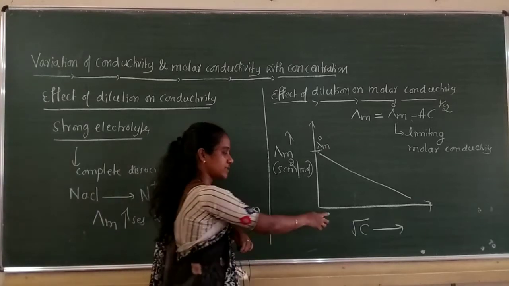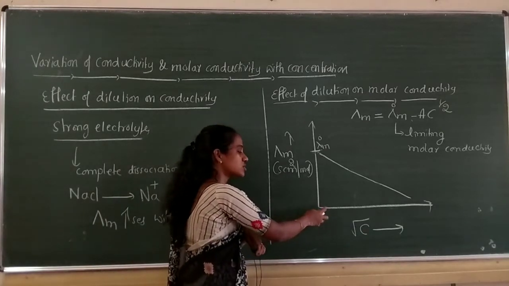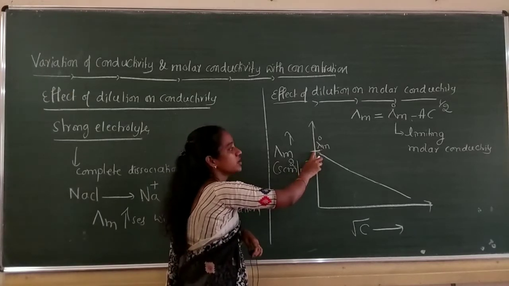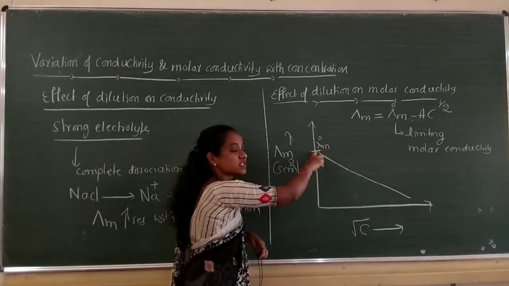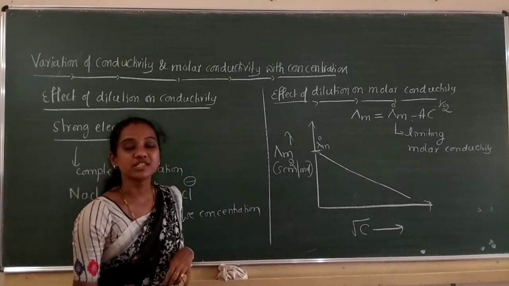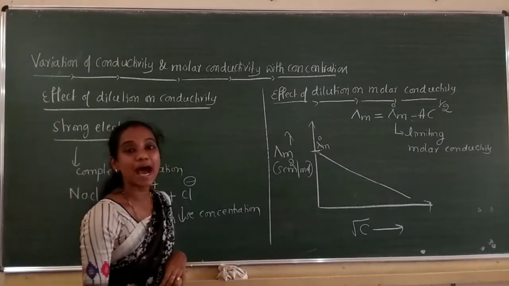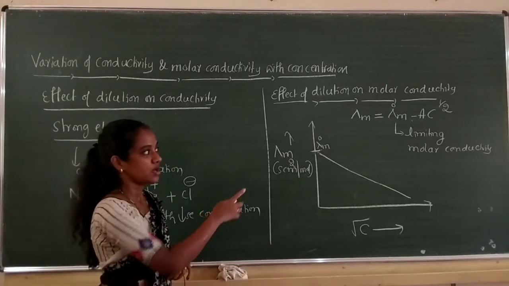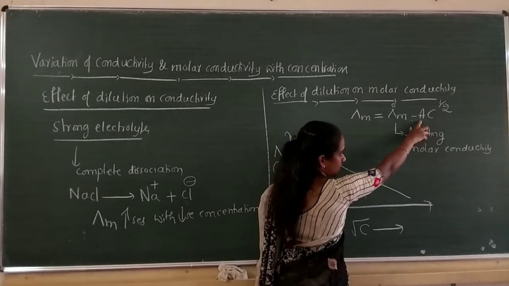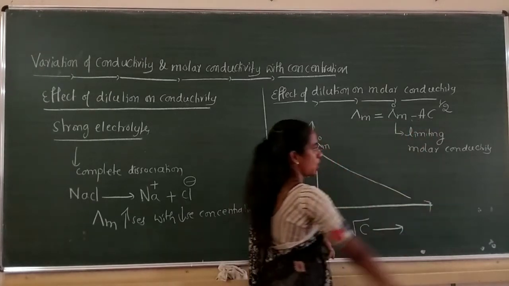So when the concentration reaches almost zero, the molar conductivity at that point is termed as limiting molar conductivity, which is represented by the symbol lambda m naught, where A is a constant and C is the concentration.